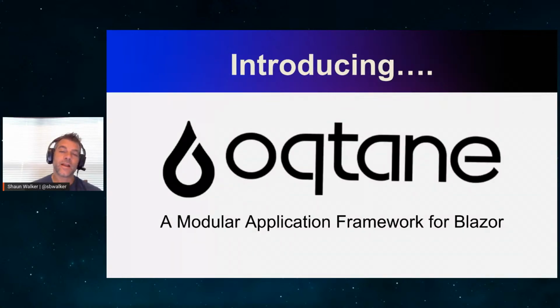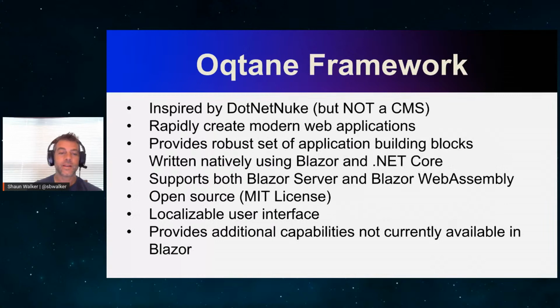So I guess this is the reason why I started working on a modular application framework for Blazor called Octane. Because there were a number of capabilities I was hoping for as building blocks that I could build web applications on top of, that are not part of Blazor currently and probably never will be.